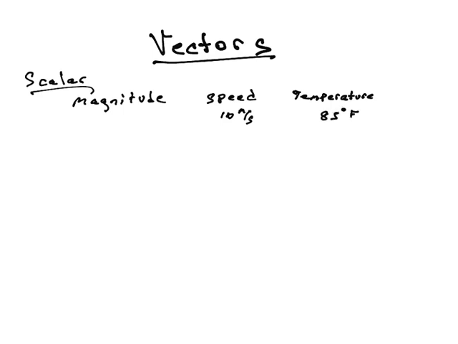It's telling you the magnitude of the temperature. And in fact, there are a lot of things that could be considered scalars. What they all have in common is that at the end of the day, they give you one piece of information, and that is the magnitude of the quantity you're talking about.